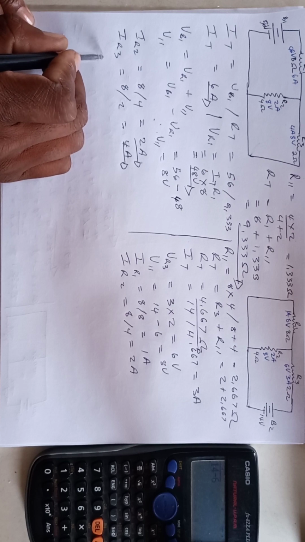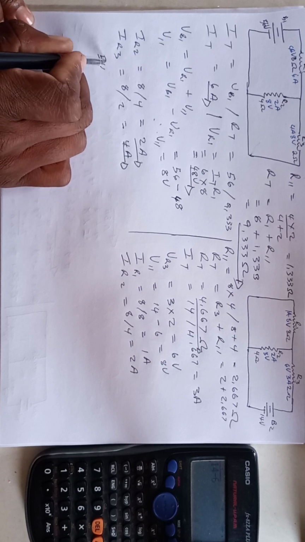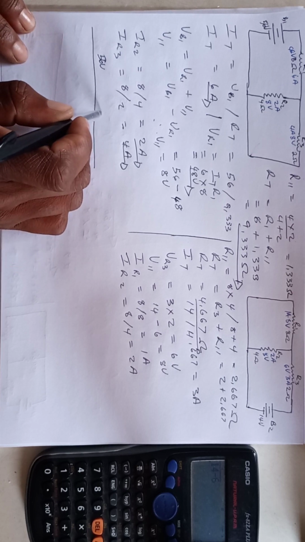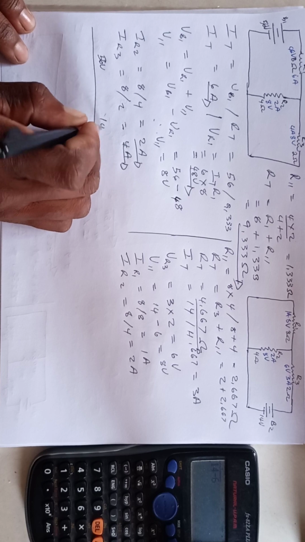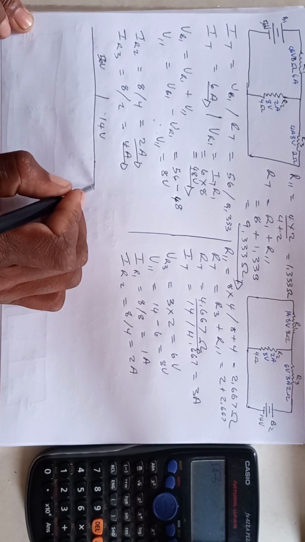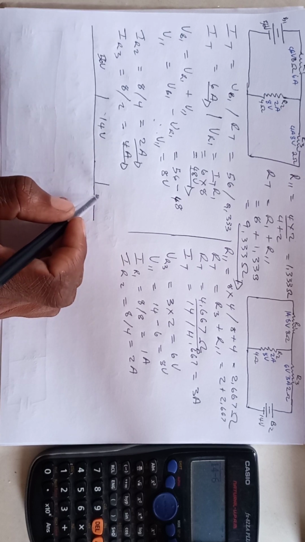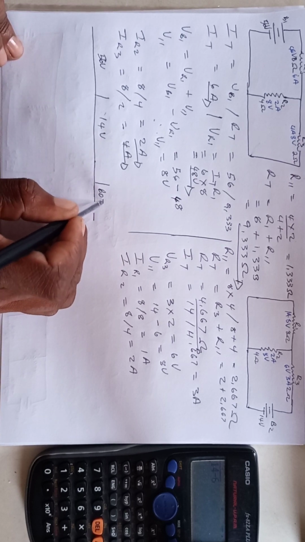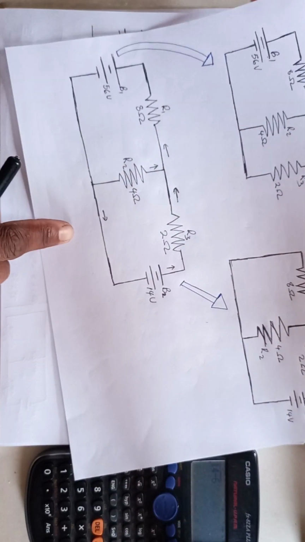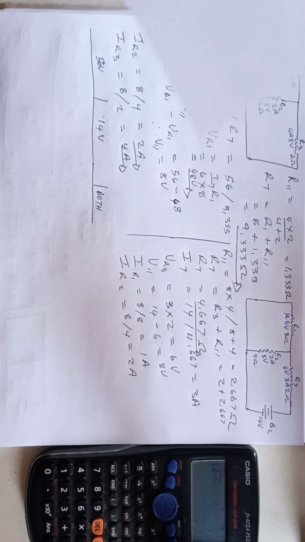When we were using 56 volts, and when we were using 14 volts, this will help us get the voltages when we have both cells for this circuit now. So we're using the voltages there that we got to get the voltages here.